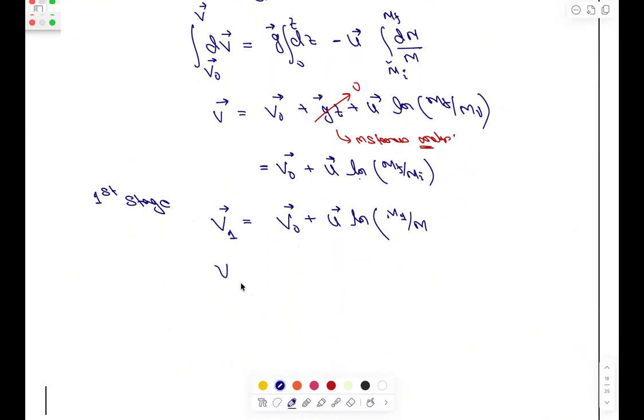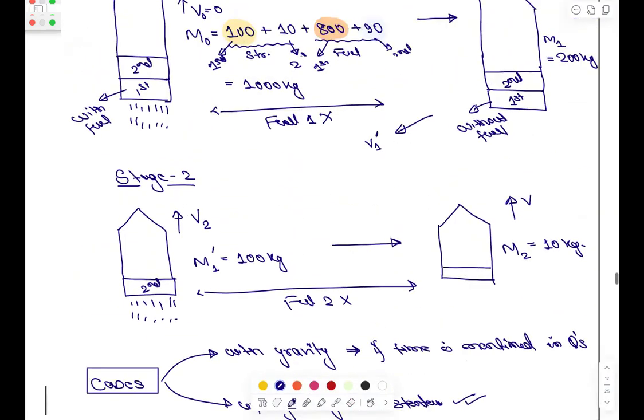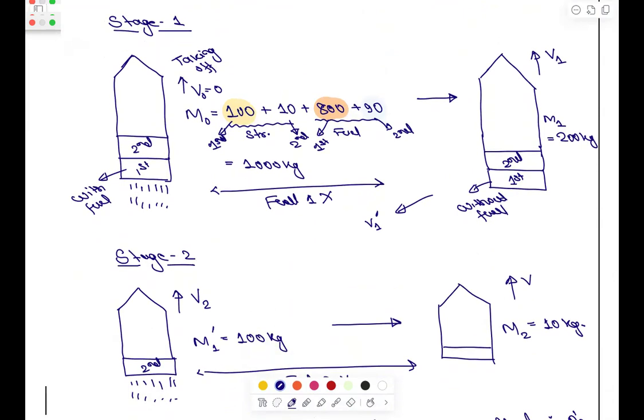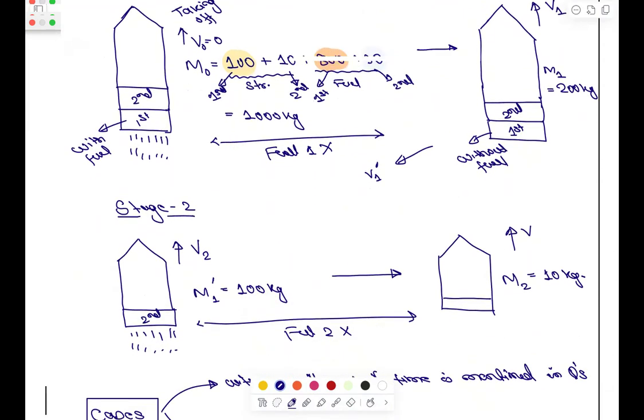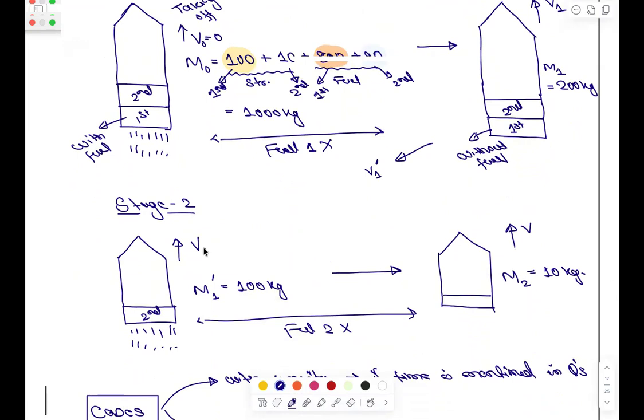Now what will be v2 or final v? So final v, again, we are taking from this, and we are saying that this process is very instantaneous, and this is my v1. Please try to understand.